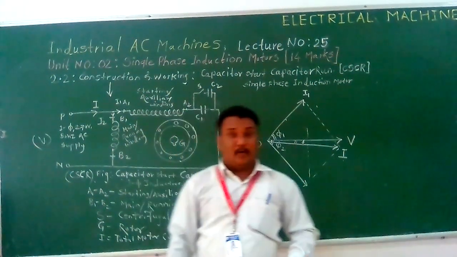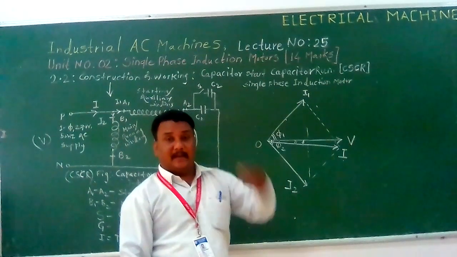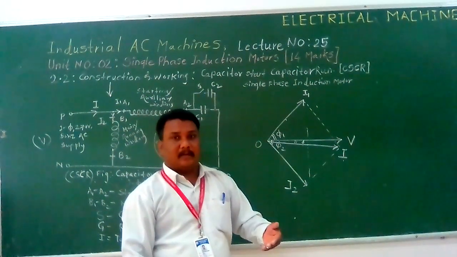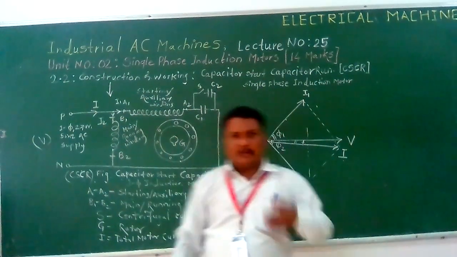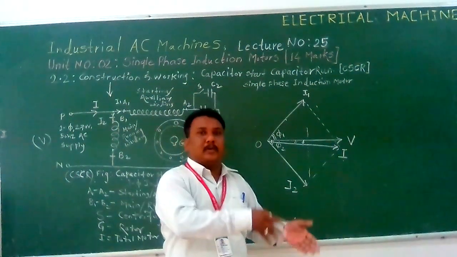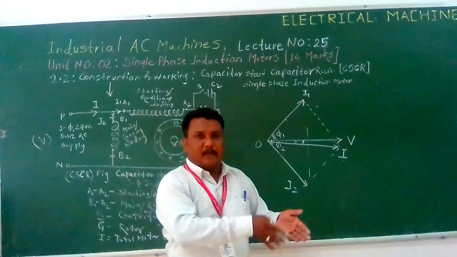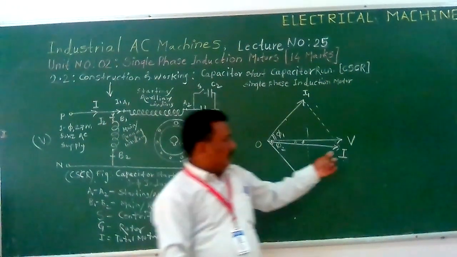So whenever the load increases, whenever a heavy load appears on the motor shaft, at that time only the starting auxiliary winding provides support to the main winding or running winding.